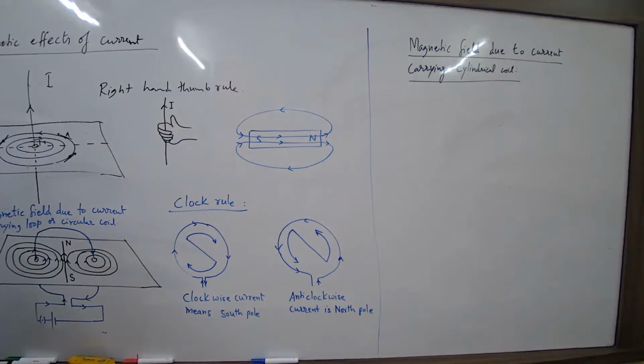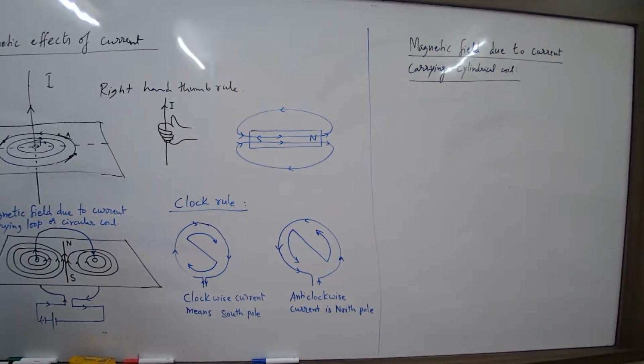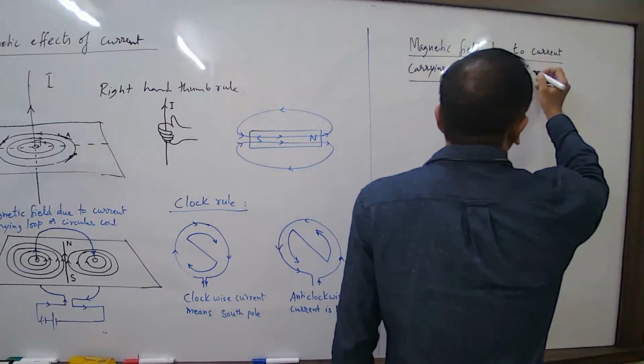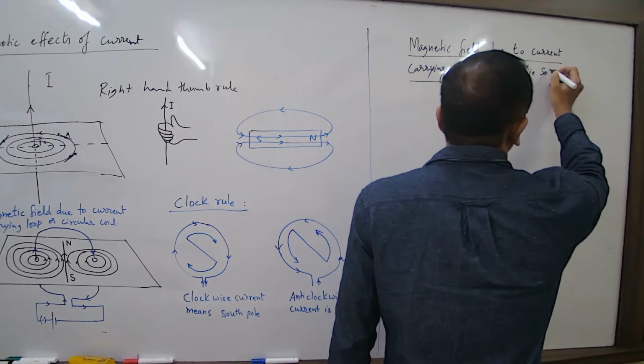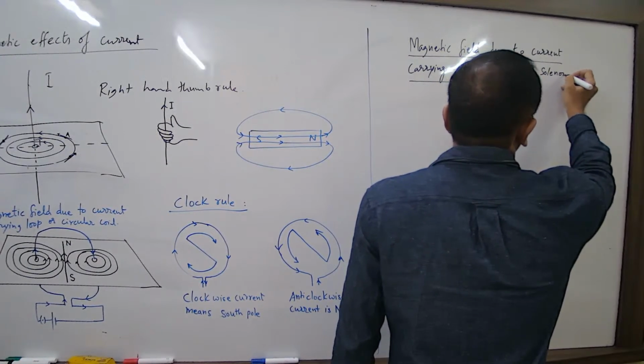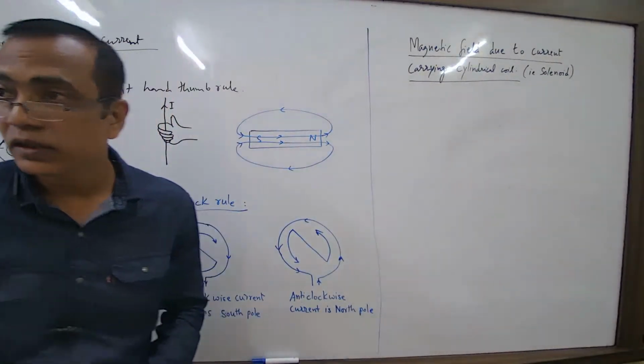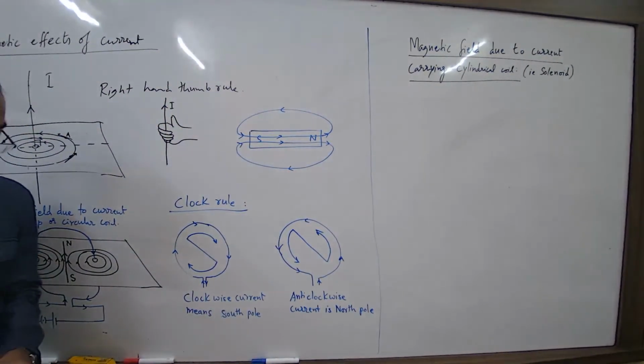Magnetic field due to current carrying cylindrical coil. So, what is it? That is solenoid. So, what is current carrying cylindrical coil? Solenoid. Okay.